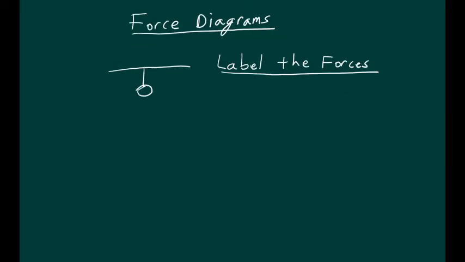All right, so now we want to label the forces in a given situation. So here we have a ball, or a weight, if you will, an object hanging from a string that is attached to a ceiling. So we want to label the forces. Well, all objects have a weight. And since the object is on a string, we also have a tension force, Ft.